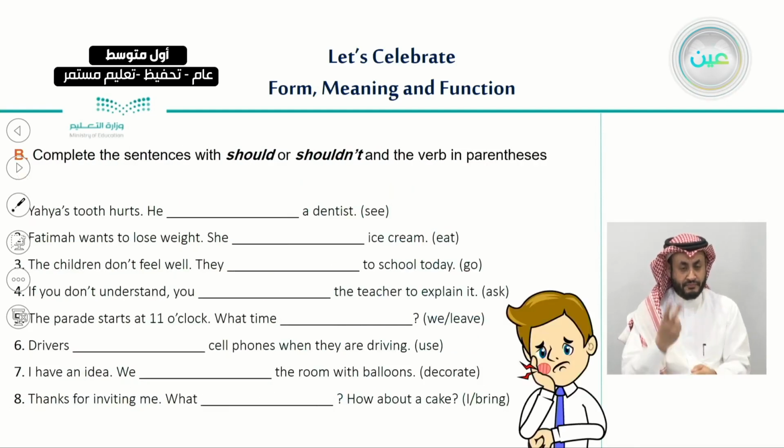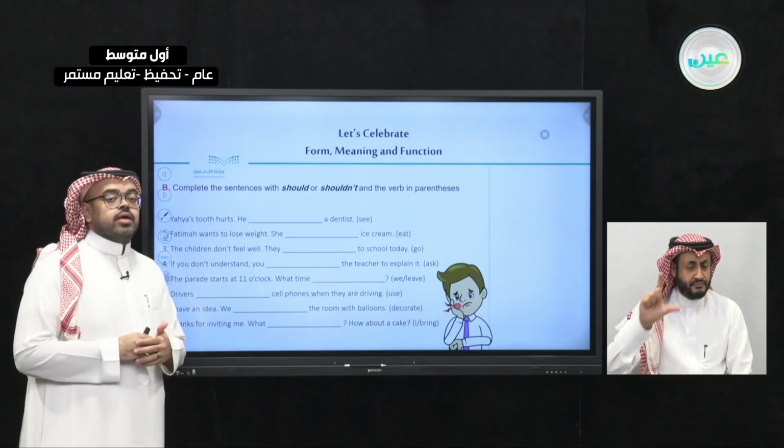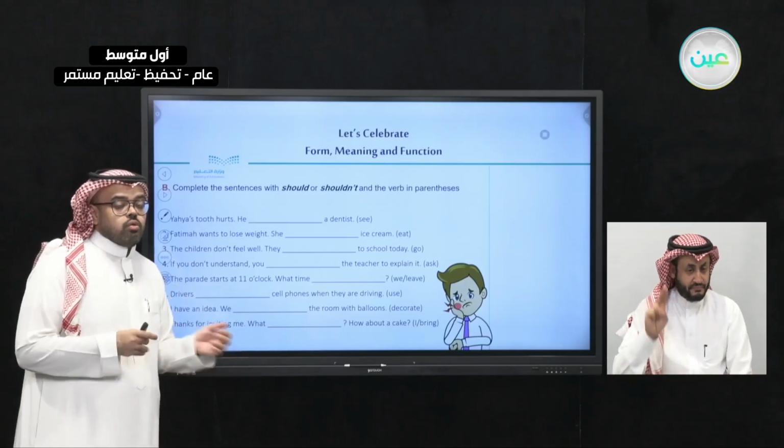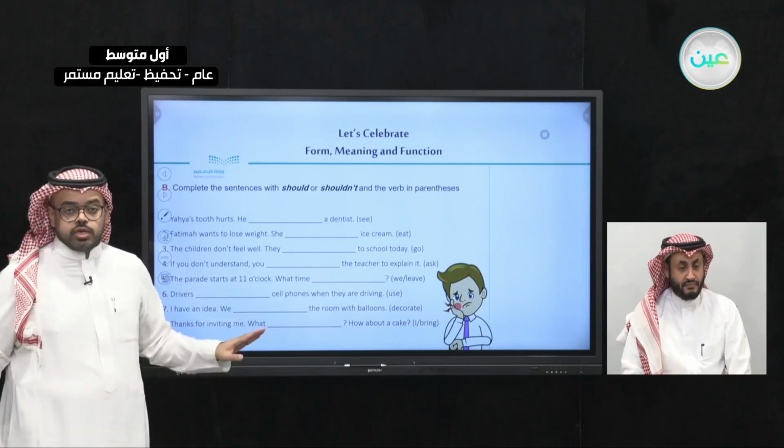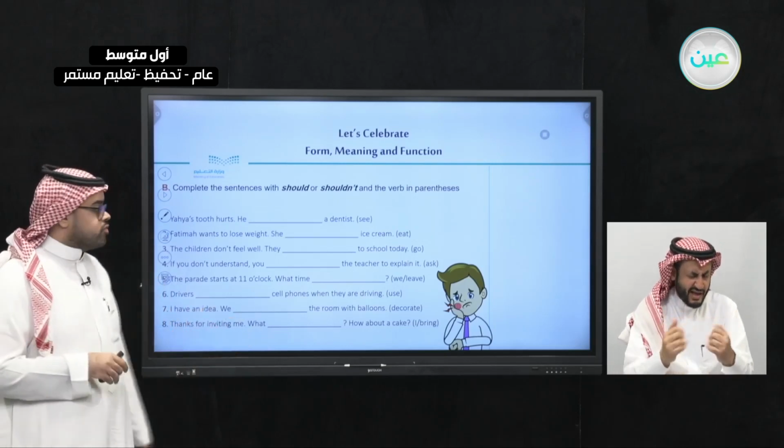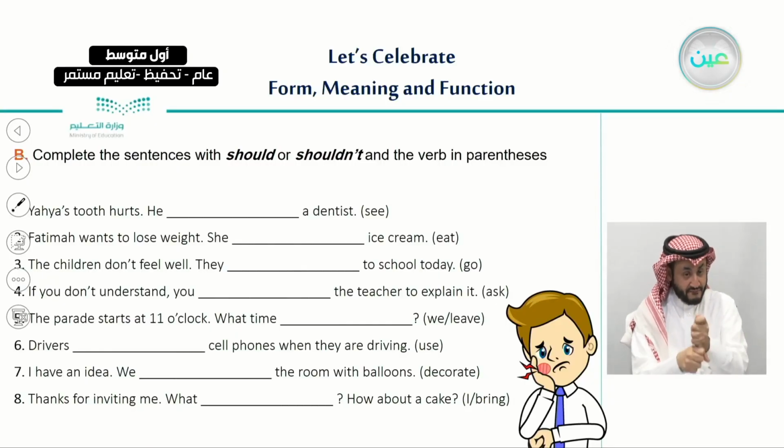Now, here you have the answers of the first exercise. Let us move on to the second exercise, and in this one we're going to complete it with should or shouldn't and the verb in parentheses. Whether we use must or should, the verb that comes after them does not change. For example, look at Yahya. Yahya's tooth hurts.